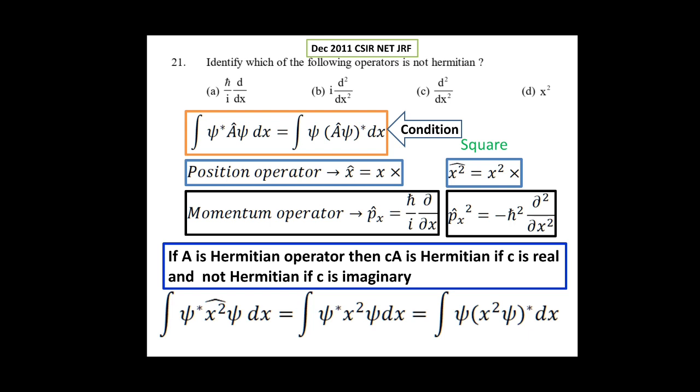Solving a problem is not a very great thing, but understanding a problem is more important than solving it. So I encourage you to solve this problem with the help of integration. It's simple higher secondary mathematics.